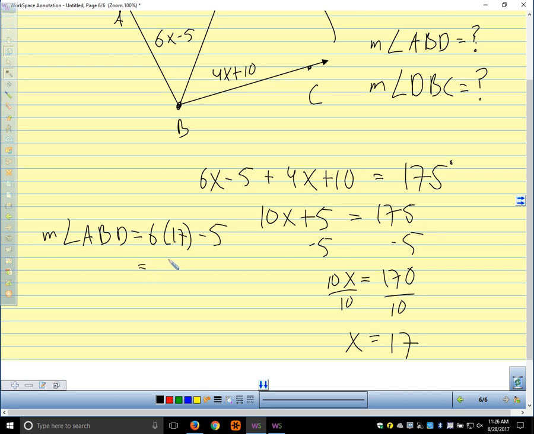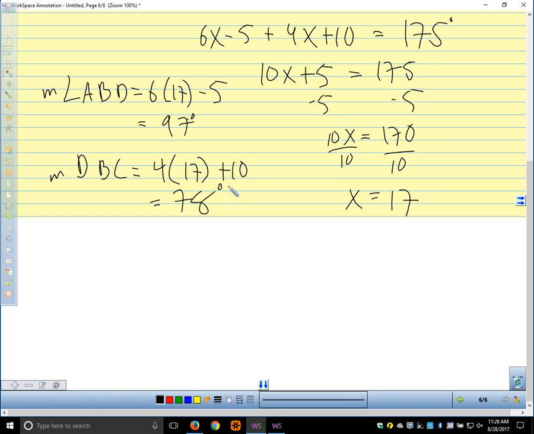And when I calculate that out, that gives me 97 degrees. The measure of angle DBC is 4 times 17 plus 10, which gives me 78.